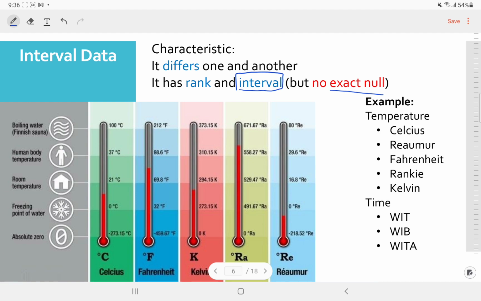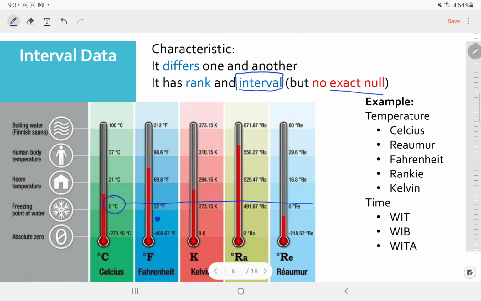For example, if we take a look at this Celsius degree, this is 0 here. It doesn't mean that 0 Celsius will be the same as the Fahrenheit degree. The Fahrenheit will be somewhere here. There's a difference in level, right?